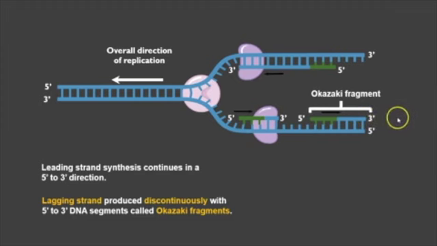But instead of continuing in this direction, there's another RNA primer added back here, and the DNA nucleotides get added on this side. And this is going to keep happening along the way. So the lagging strand is made discontinuously, so it's not made straight and easy like the leading strand. It actually has to do this kind of leapfrog on the bottom strand, or in this case the lagging strand. And we call these fragments Okazaki fragments, probably because some guy named Okazaki discovered them.